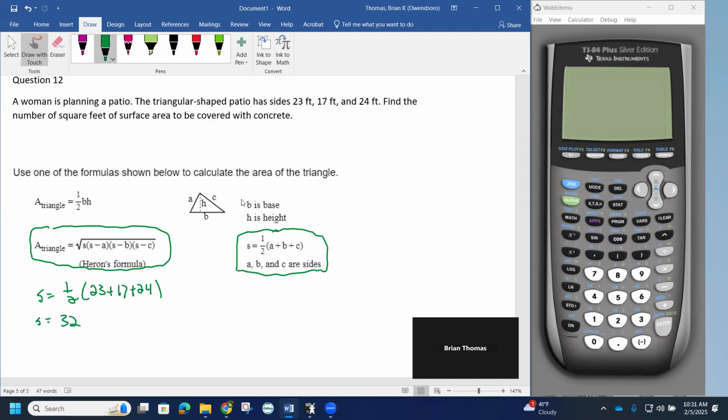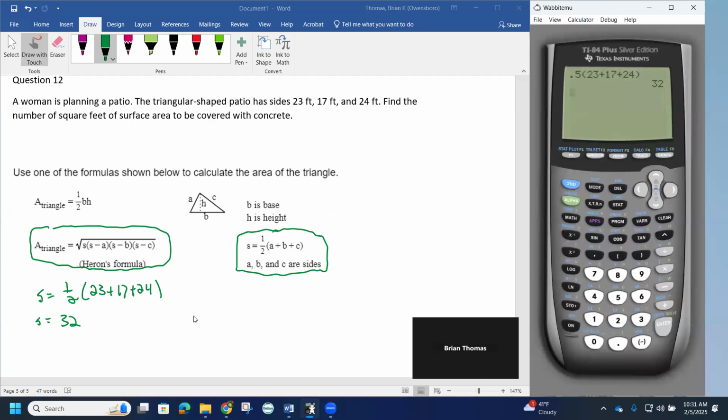If we double check that, half is like 0.5, so with a calculator we can go 0.5 in parentheses, 23 plus 17 plus 24, and that gives us 32. So that math is fairly easy to do.